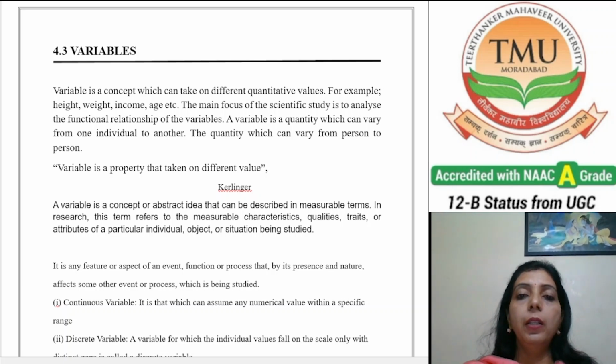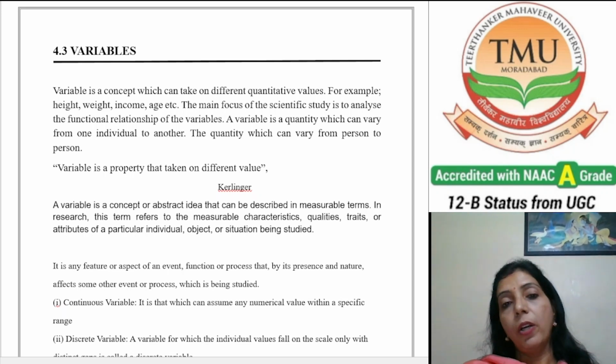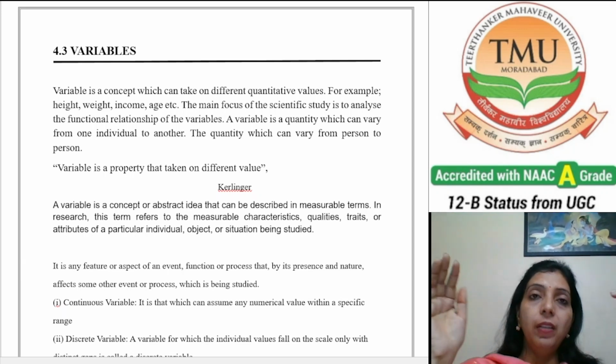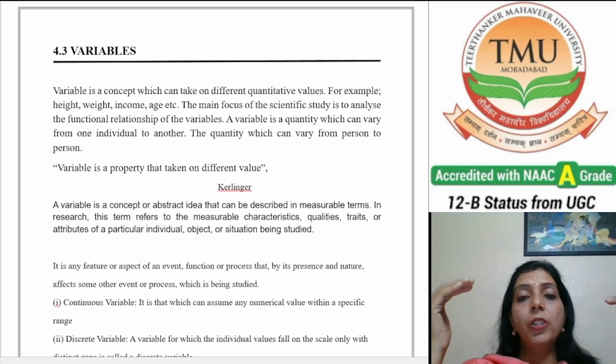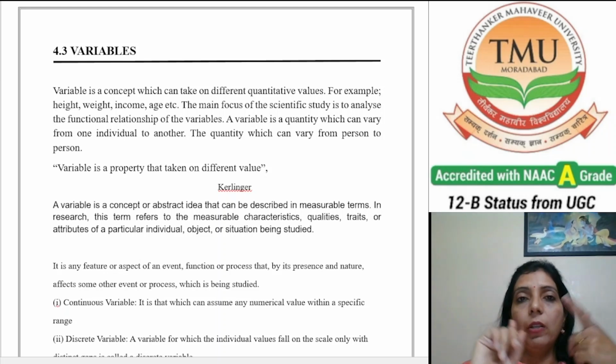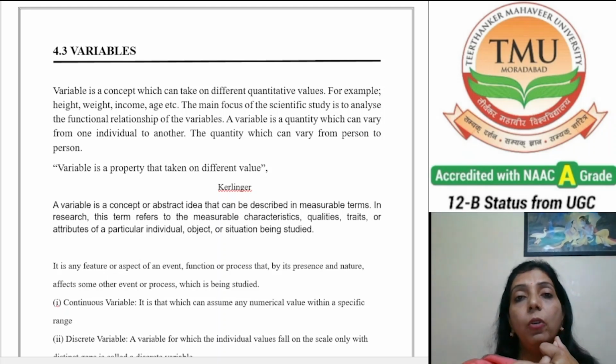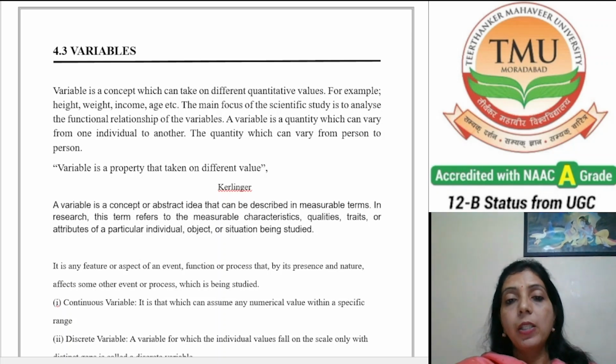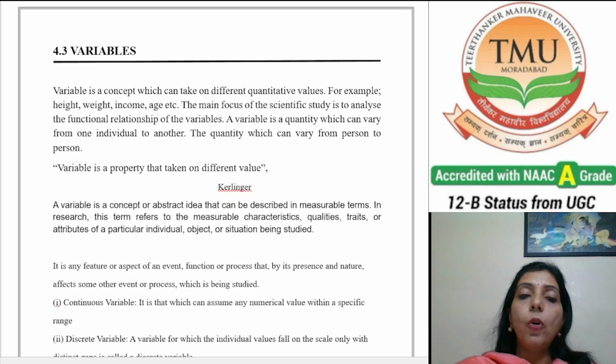So, a concept which can take on different quantitative values is called a variable. As such, concepts like weight, height, income are all examples of variables.